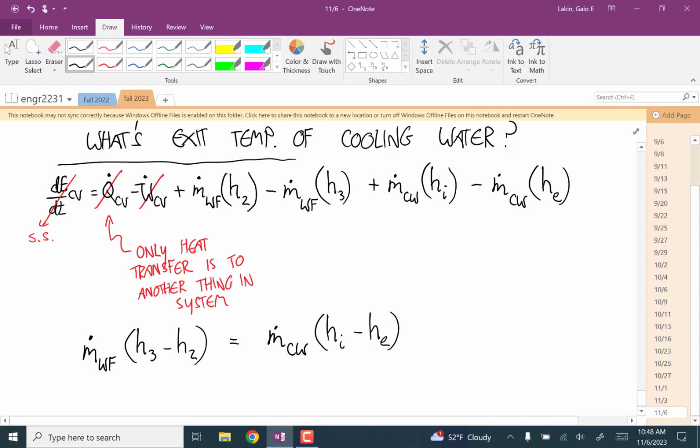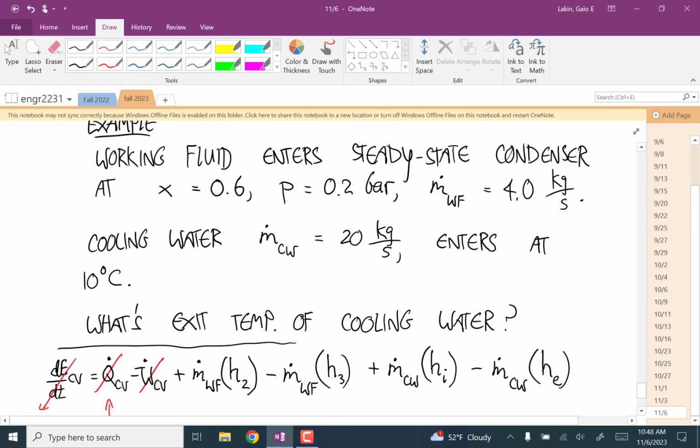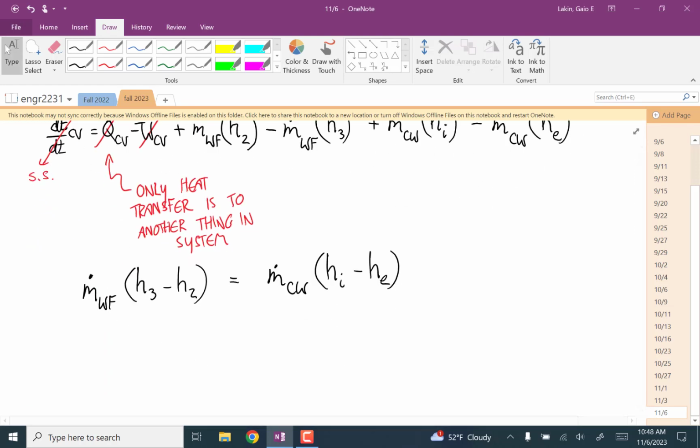And now we're given everything we need in order to calculate. We can get both of these from the table.